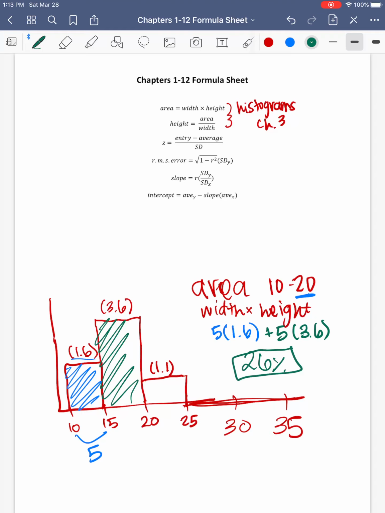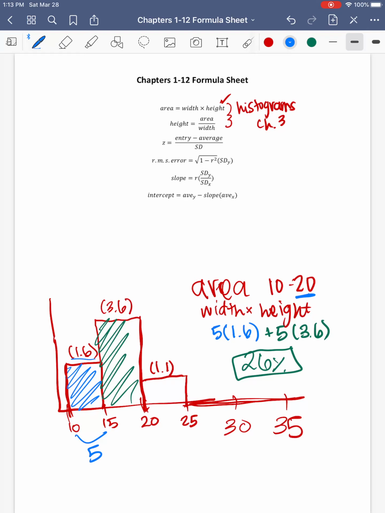So what that means is the area from 10 to 20 for whatever this histogram represents is 26%. So 26% of the population studied falls between 10 and 20 of whatever this is. So that's this formula. You can also use area equals width times height.